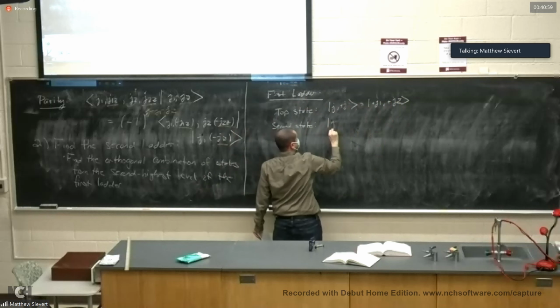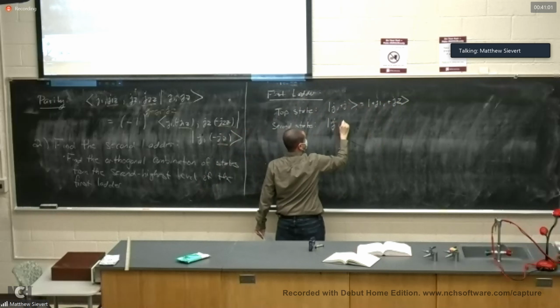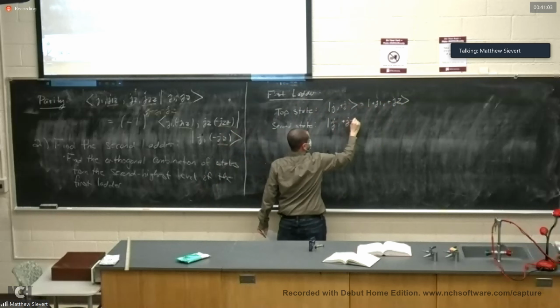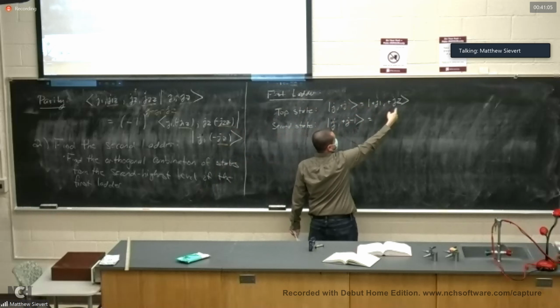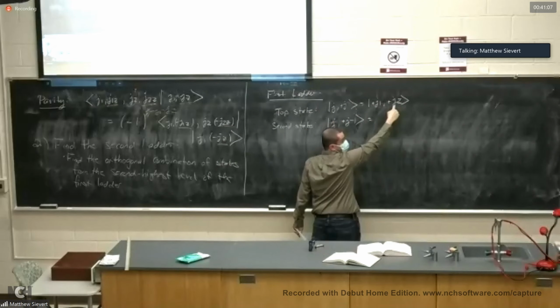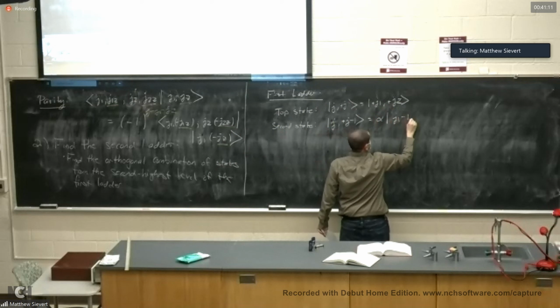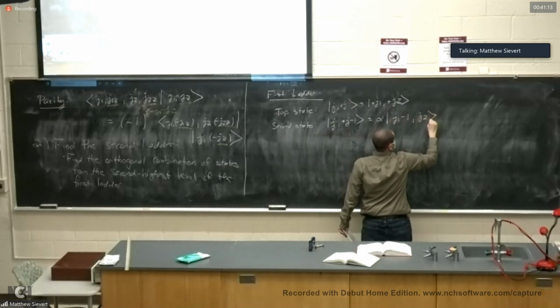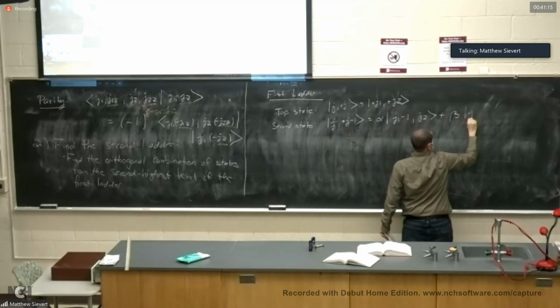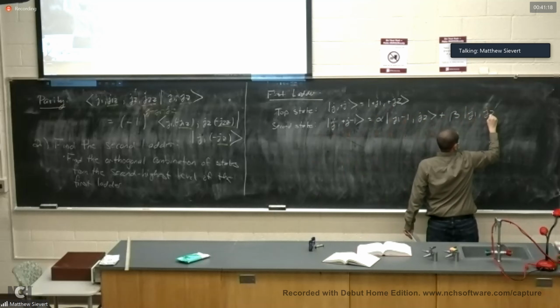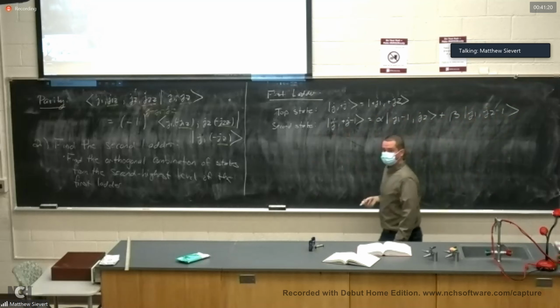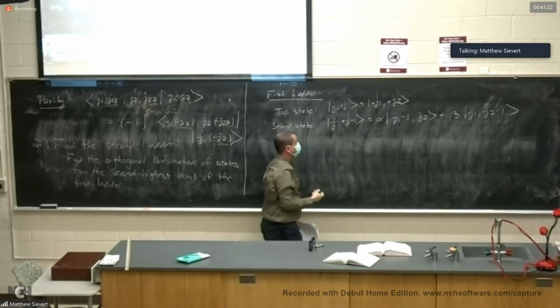That second state, still total spin J, but now total projection J minus 1. This is some combination where you lowered each of these values by 1. So this is some alpha J1 minus 1, J2, plus beta J1, J2 minus 1. This is some combination of those two states.